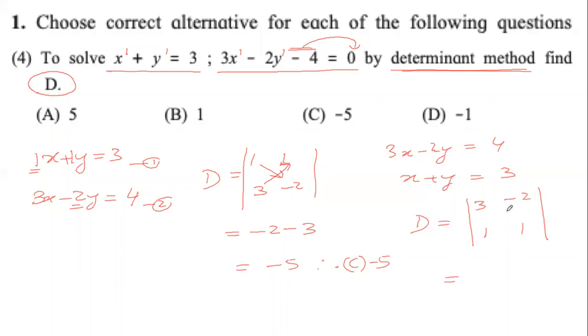Now this becomes 3 into 1, 3, then minus 2, which becomes 3 plus 2 equals to 5. So yes, the value of D will change based on the order of the equations. That is why be careful. If by mistake you change the order of the equations, then you will end up with this answer, which is not the answer. This is the correct answer.